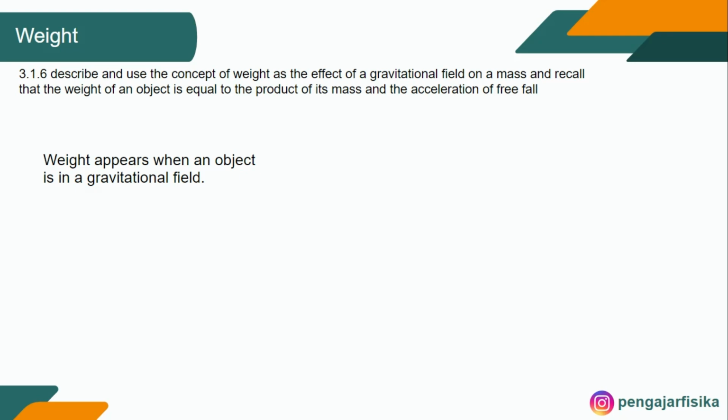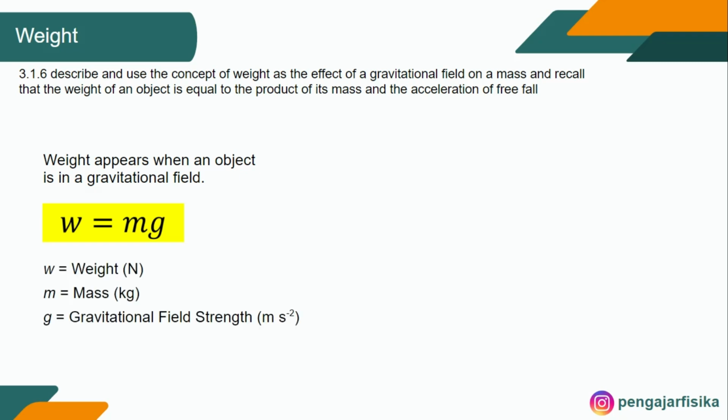The weight of an object can be calculated using the formula W equals m times g, where m is the mass of the object and g is the acceleration due to gravity, approximately 9.81 meters per second squared on Earth. Remember, weight is a force and it changes depending on the strength of the gravitational field while mass remains constant.